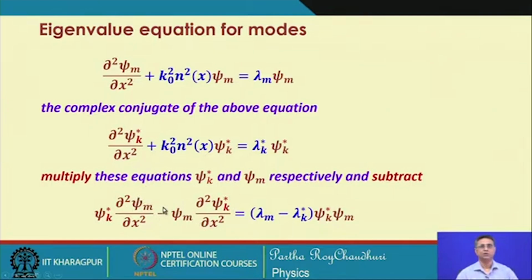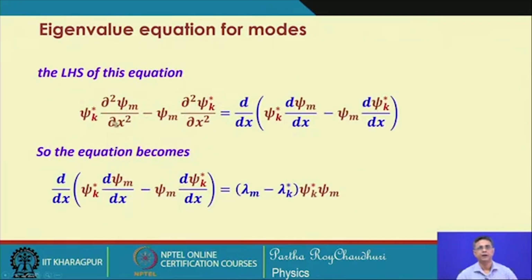It is very interesting to note that from here the left hand side is 0. Why? Because if you look at the left hand side, this quantity can be expressed as d dx of psi k star d psi m by dx minus psi m d psi k by dx, and this involves psi k and psi m.